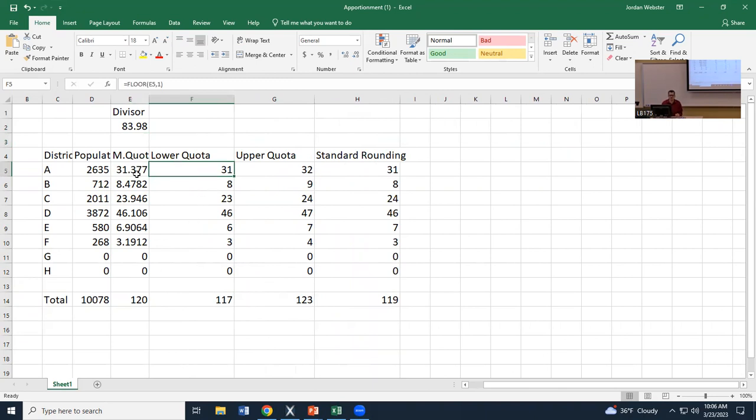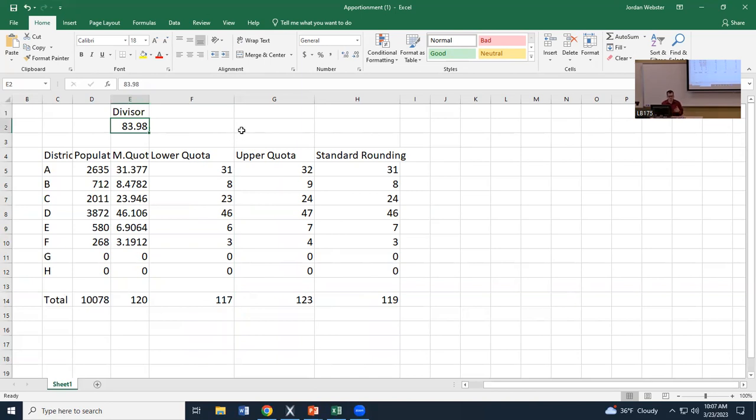Notice how that meant the quota was 120 when I count the decimals, but the lower quotas add up to 117. So I need that 117 in Jefferson's method to go up to 120.